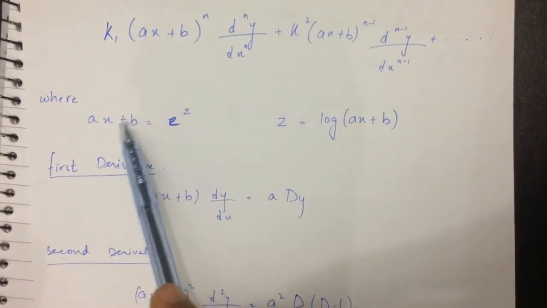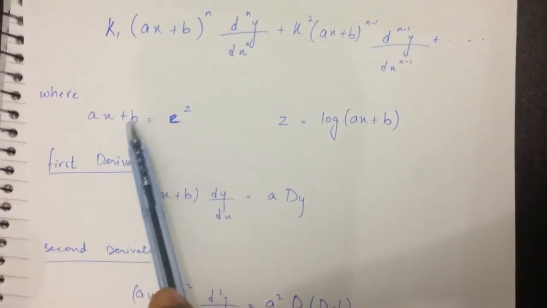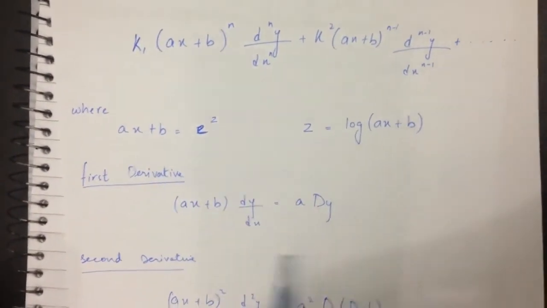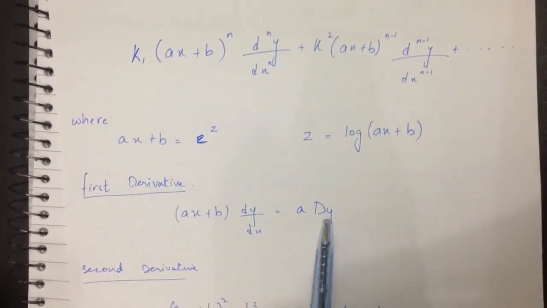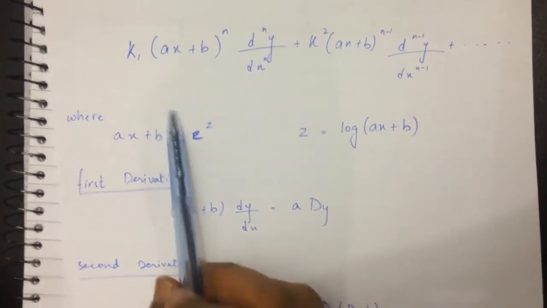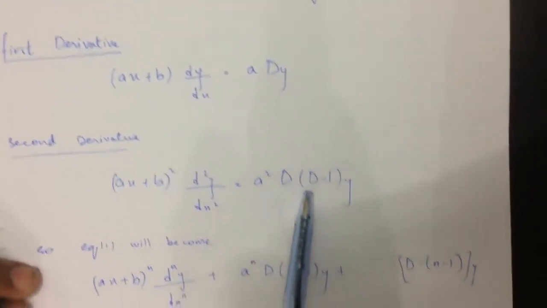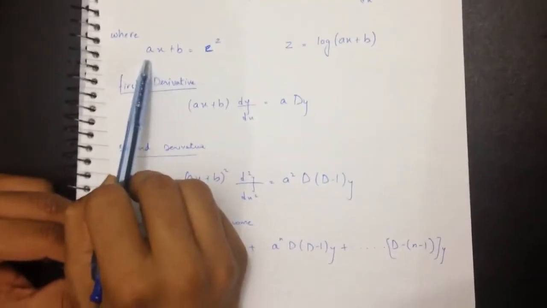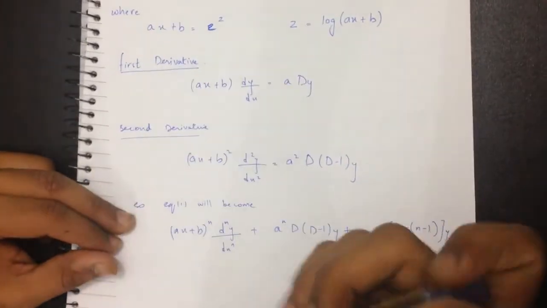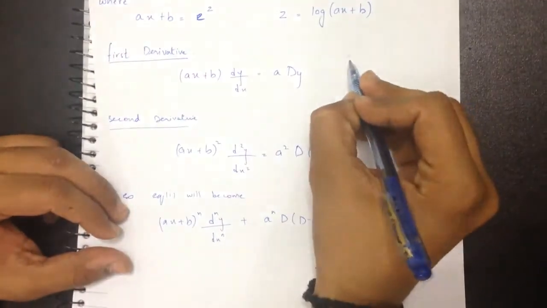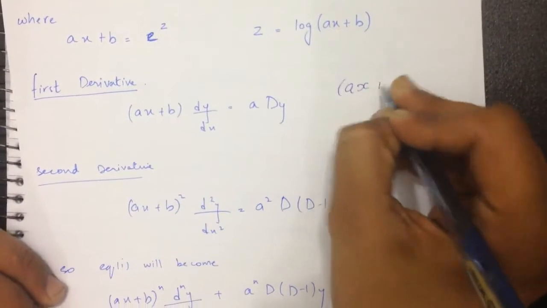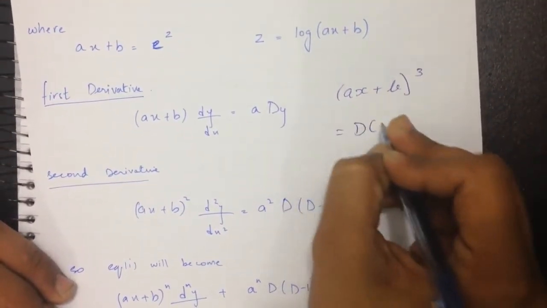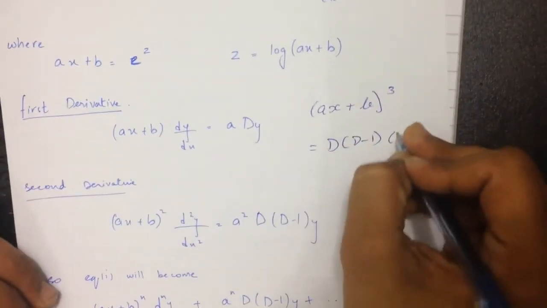We take out the first derivative of this ax + b. If the power of ax + b equals 1, then we have D y, and if the power equals 2, then we have D(D - 1), and this follows as it is. If we have a power of ax + b equal to 3, then we have D(D - 1)(D - 2), times a to the power 3.